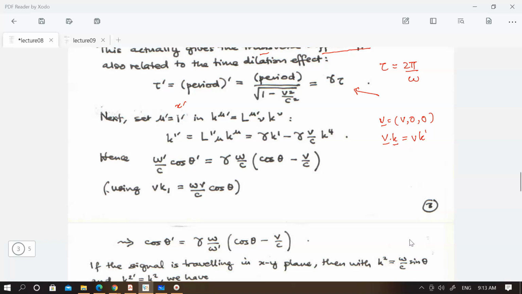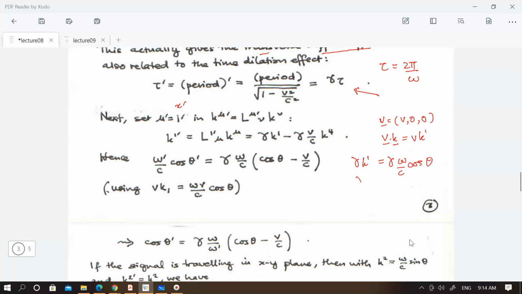So that gives you K4 is actually your omega over C. So that gives us, let me just try to do this, gamma K1 equals to gamma omega on C cos theta.